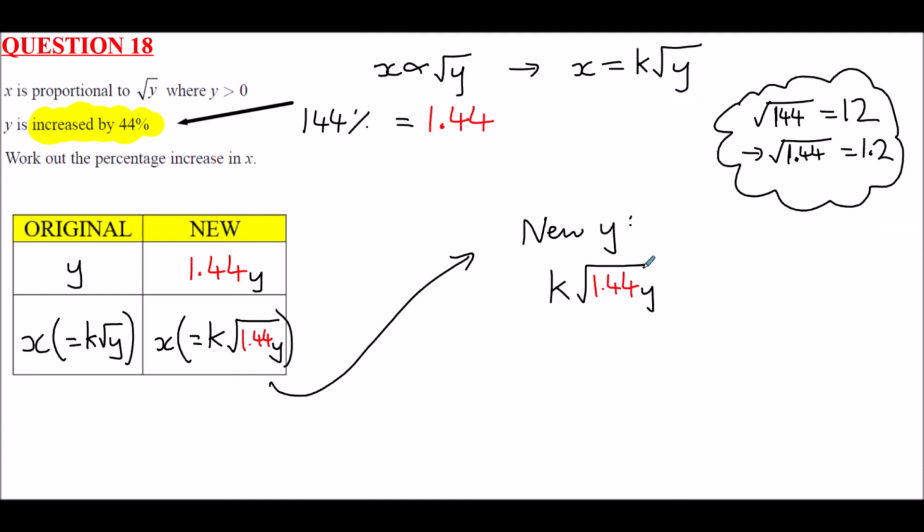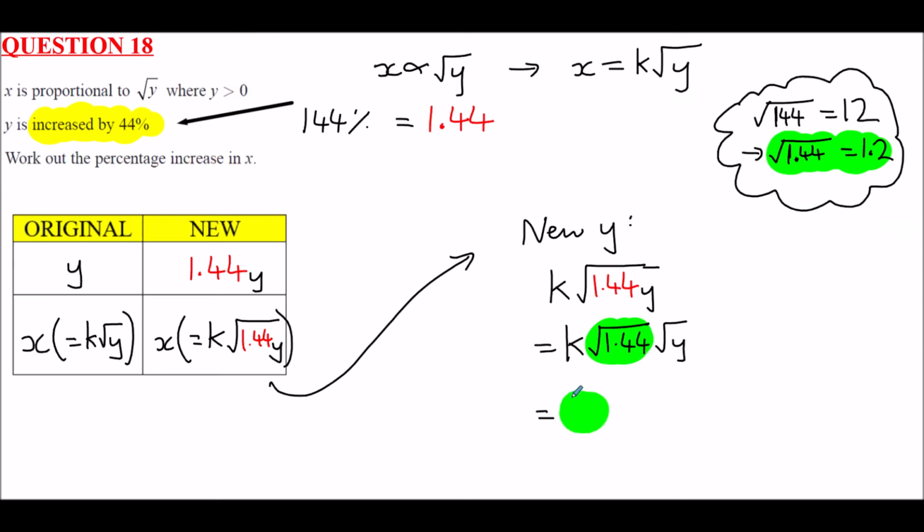Now in terms of surds, it's the same as saying the square root of 1.44 times the square root of y. We can split the surd into two bits like so. However, we've just seen that the square root of 1.44 is 1.2, so I can take this and rewrite it as 1.2 at the front.